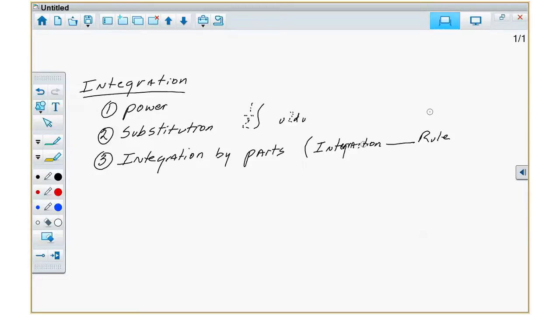Integration product rule. Y'all remember the announcement, Skype people, you remember the announcement about your mic being on? Everybody can hear you. Yo, Skype people. Mic's off.